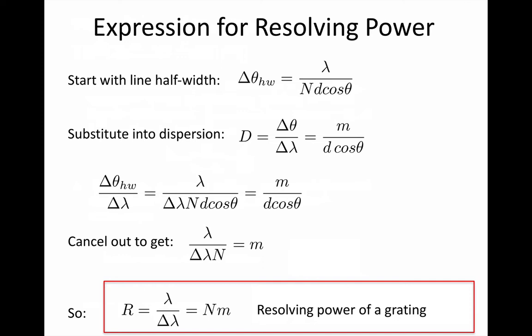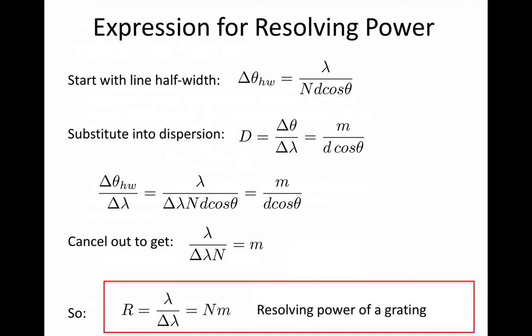Now we cancel out the d cos thetas, and then we get lambda over delta lambda times N is the order m. So we now have an expression for the resolving power of a grating: the wavelength over delta lambda, the change in wavelength it can distinguish, equals N, the number of lines, times m, the order.